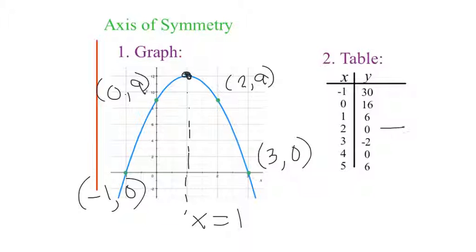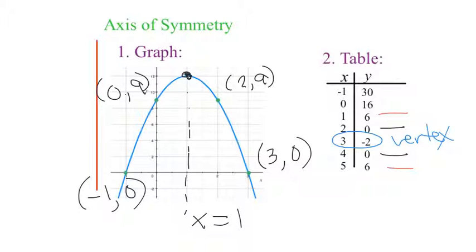For example, this one and this one both have a y value of 0, and this one and this one also have a y value of 0. Since there happens to be a point in the middle of those which doesn't have a mirror image, we can say that this one that I've circled in blue has to be the vertex.